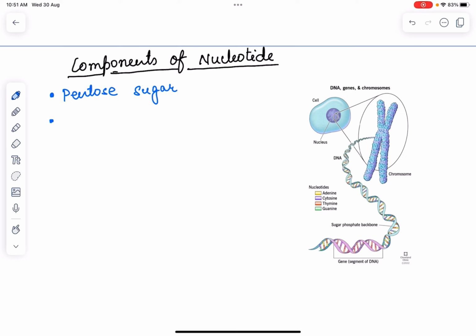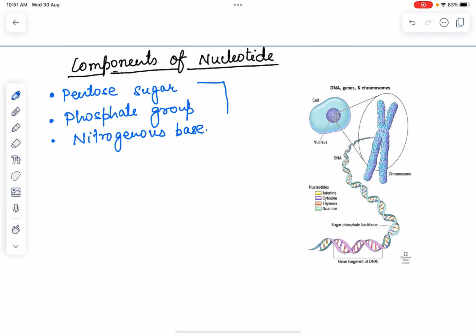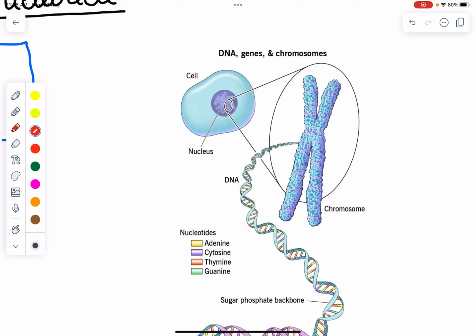Second is phosphate group. And third is nitrogenous base. See, this DNA is made up of these three things, that is pentose sugar, phosphate group and nitrogenous base. I'll explain the structure of DNA. Structure of DNA, it is a double helical structure.